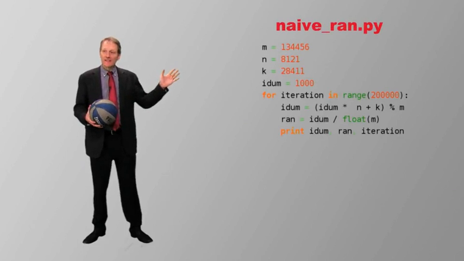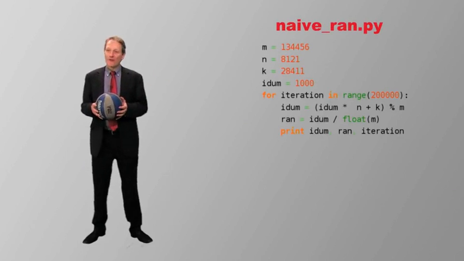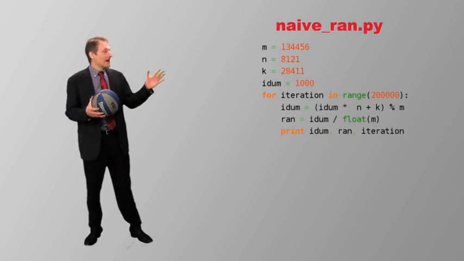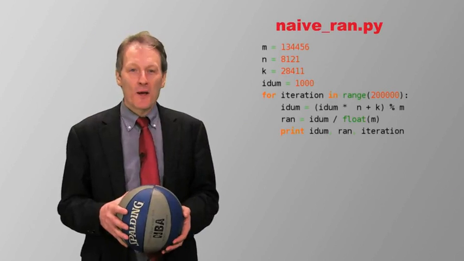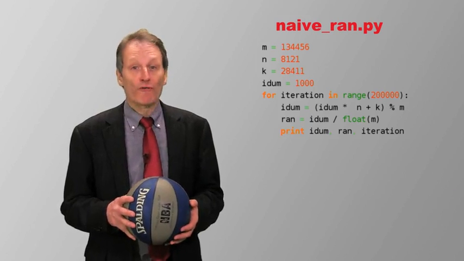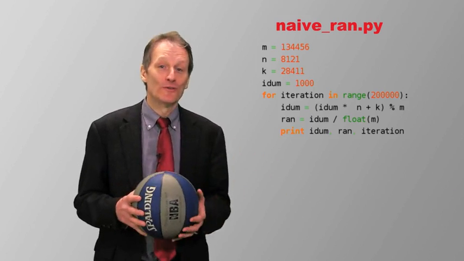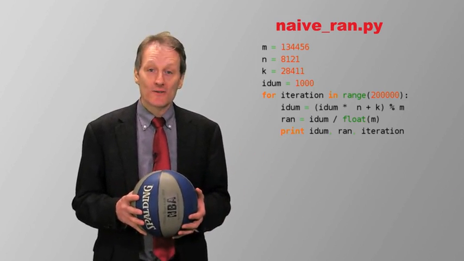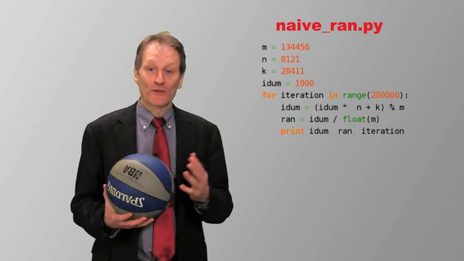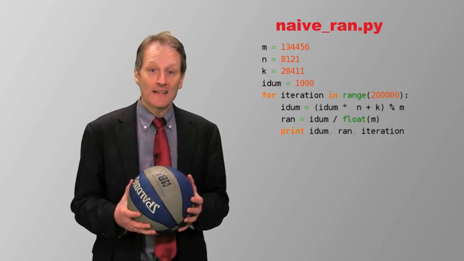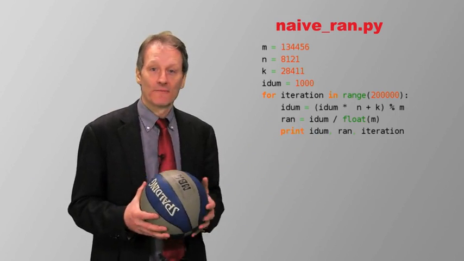Let us briefly discuss the properties of our naive generator, naive_ran.py. But as it is always more fun to find answers by yourself than to have them told to you, I ask you to download the program from the Coursera website and then to answer the questions.